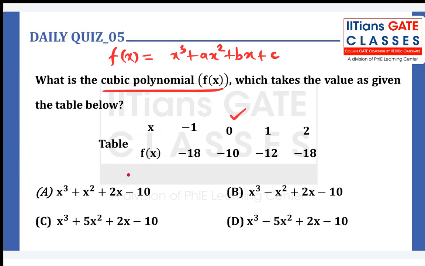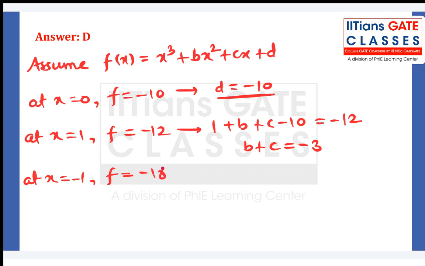In that case, the function value is minus 18. So this will give you minus 1 plus b minus c minus 10 as minus 18. So that will be minus 8, minus 7. So this b minus c will be minus 7.